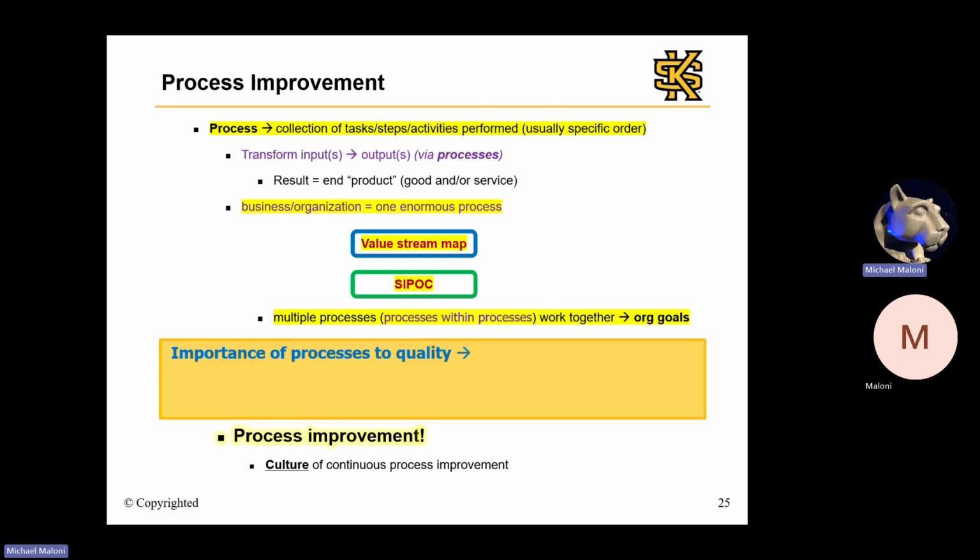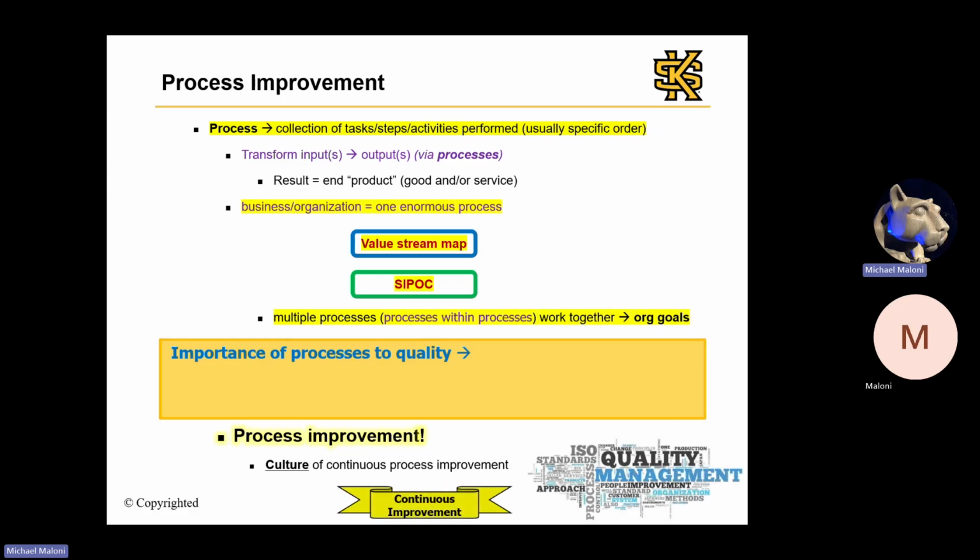So we're seeking to always improve processes to deliver better value to customers. There are always opportunities to make improvements, and if we are the best in the industry, we have to be constantly seeking out those improvements. Continuous improvement is another key tenet of quality management. The other that we've already seen is the voice of the customer.